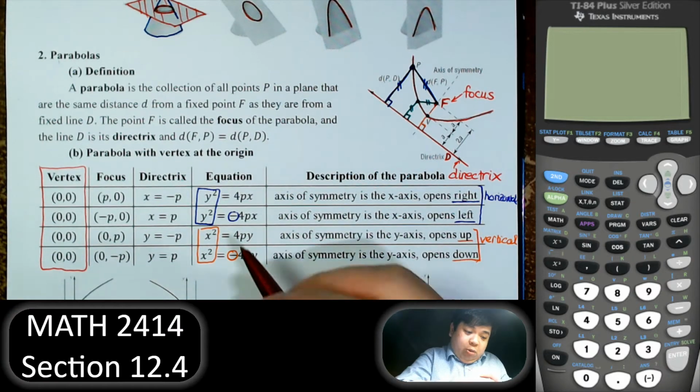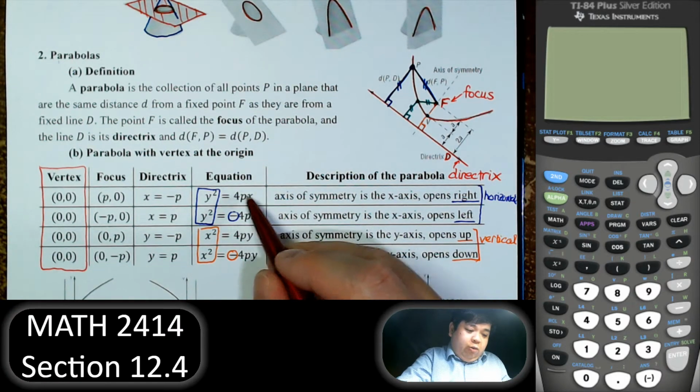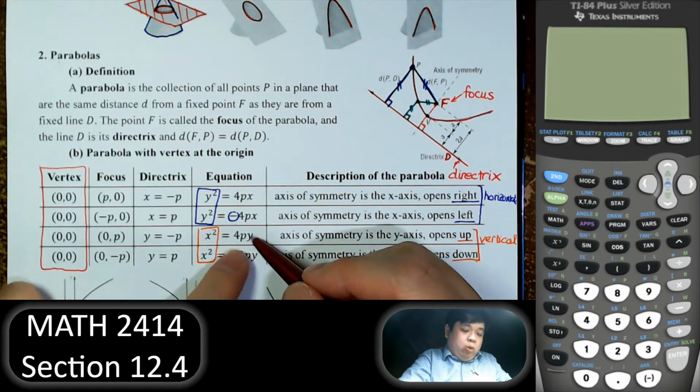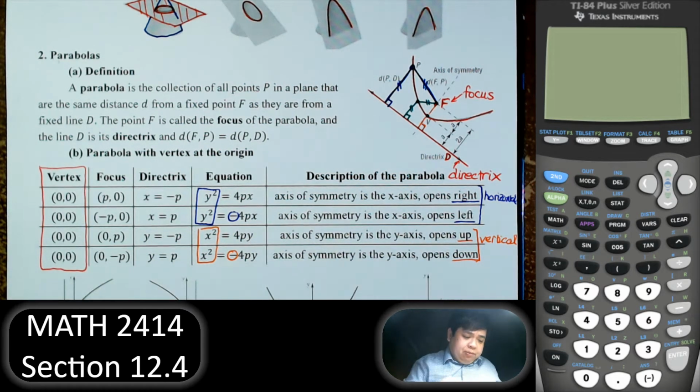And then in the formula we have 4px or 4py. If we have y square, we end up with x. If we have x square, we end up with y, and then 4p. P is the distance from the vertex to the directrix, or from the vertex to the focus.